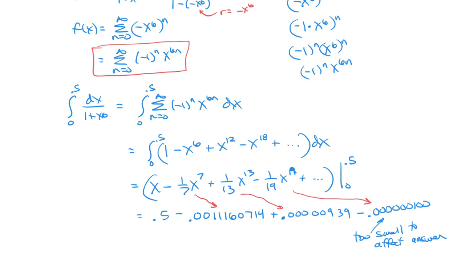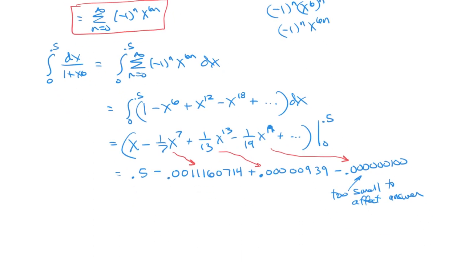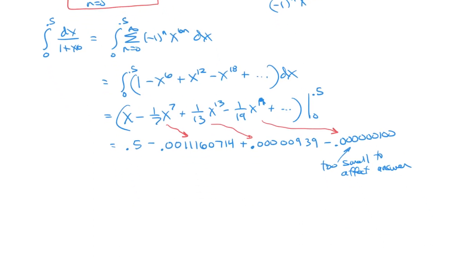So if we just add up these first three terms and round to the 6th decimal place, what we will get is 0.49889 to 6 decimal places.